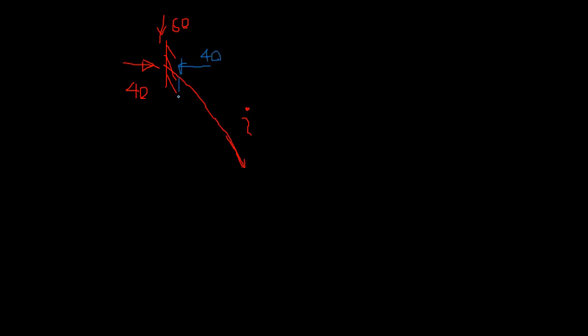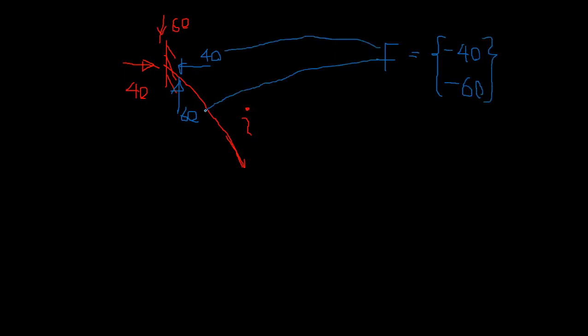This support restricts the force, right? This is the force applied by this joint due to the equilibrium, right? So that brings you your force in the first direction is minus 40. It is in the other direction to the sign convention we got, and in the second direction minus 60. These are the restraint forces, right?